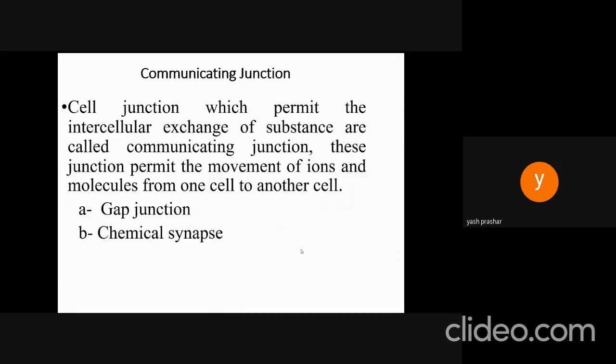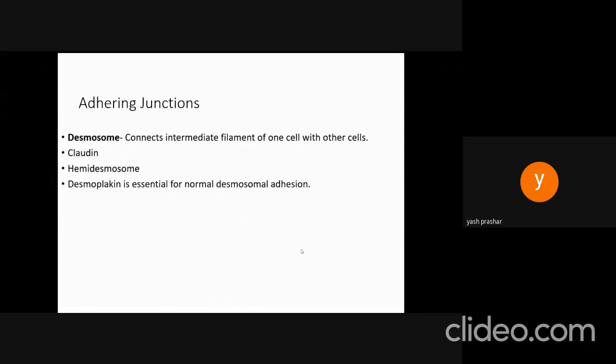Desmosomes are button-like points of strong adhesion between adjacent cells in body tissue, enabling the cells to function as a unit and to resist stress. They are abundant in skin, heart muscle, and the neck of the uterus. Desmosomes form early in embryonic development and play an important role in maintaining cell position in the development.